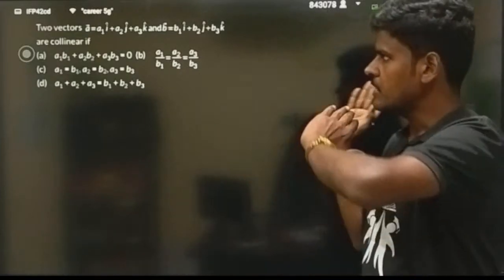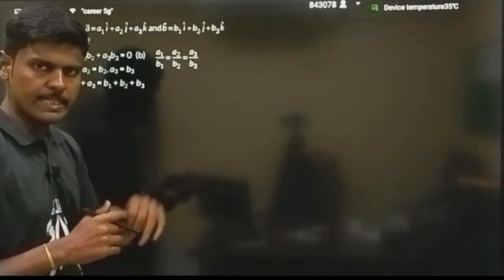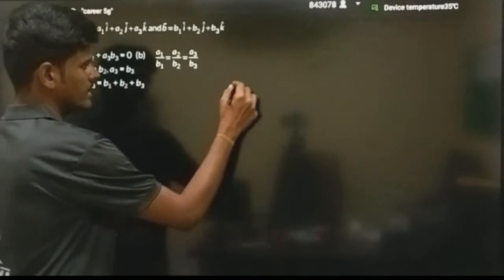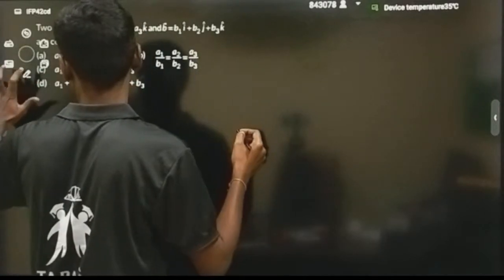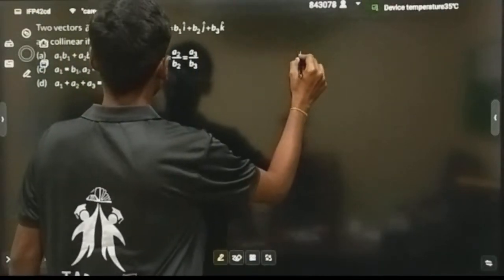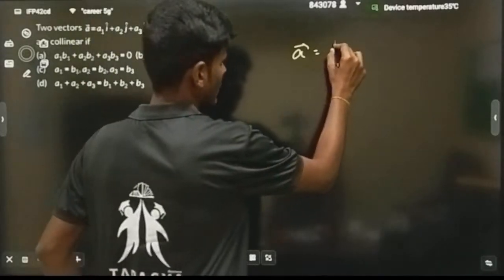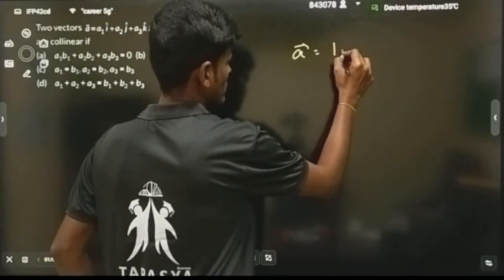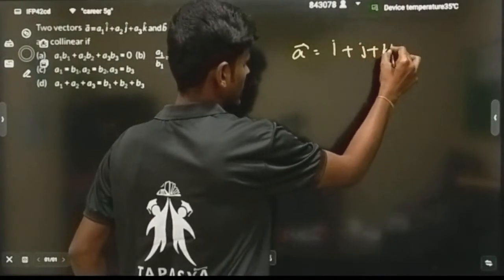When we say two vectors are parallel, we have the same direction or opposite direction. Suppose the vector is 1 i cap plus 1 j cap plus 1 k cap.